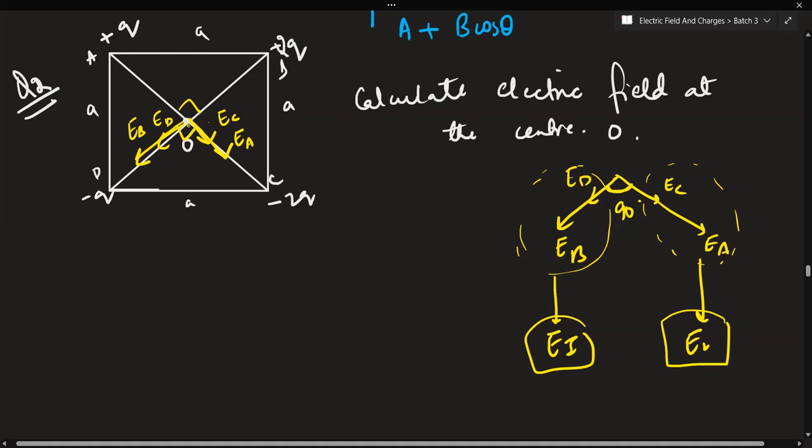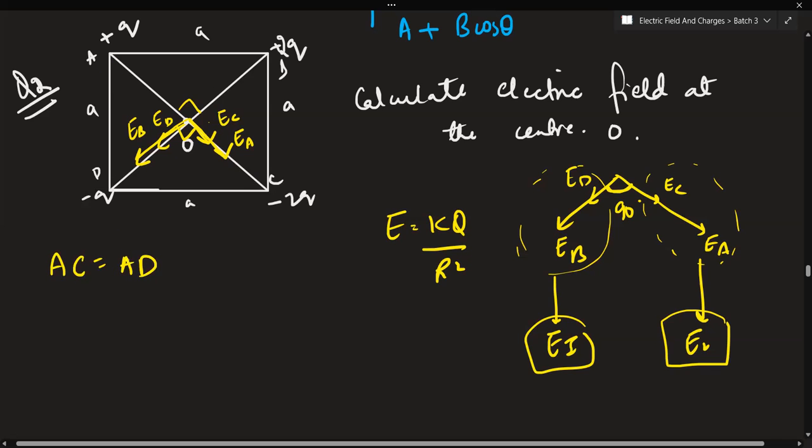What is the formula of electric field? Electric field's formula is kq divided by r square. We need this r. What is r? Separation of the charge from the point. So this is unknown to us. But see, you know this is A, you know this is A. So this will be what? This is the hypotenuse.